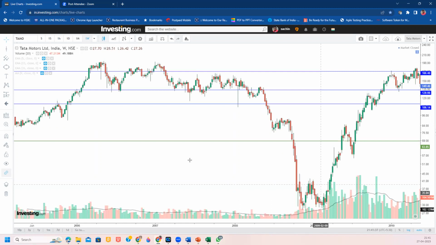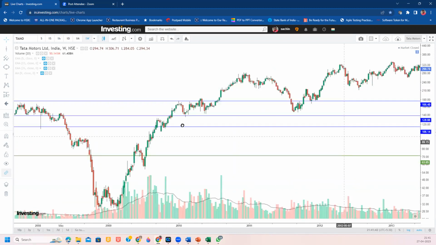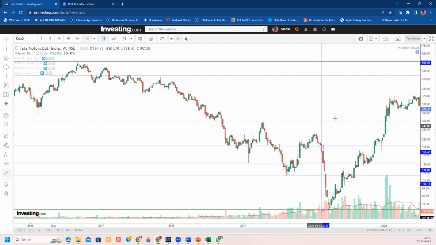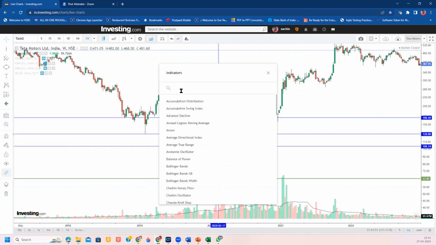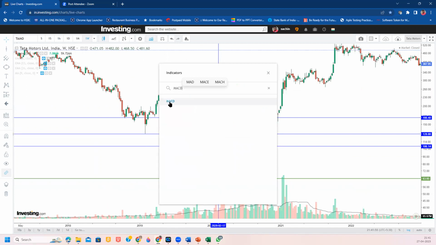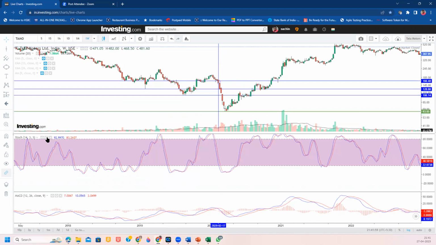So where is my marked candle? Okay, so this is my candle, and let me bring in the MACD indicator. The remaining ones I will just remove from here.